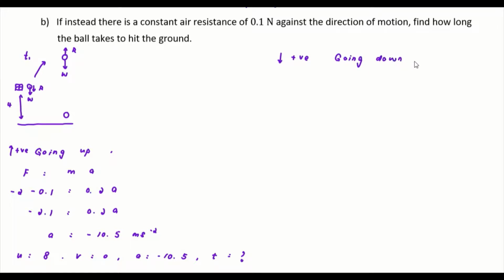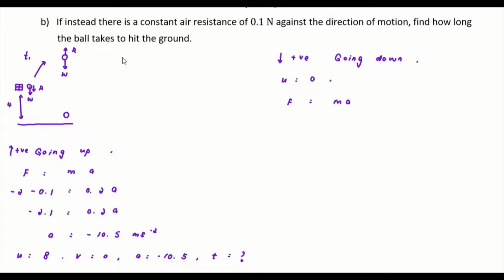Okay, so now we are looking at the stage where the ball is going down. What information do we have here? The final velocity of the first stage is zero, so the initial velocity will be zero as well. Then, can we find the acceleration? We can, because we have these two forces. The net force is equal to ma.